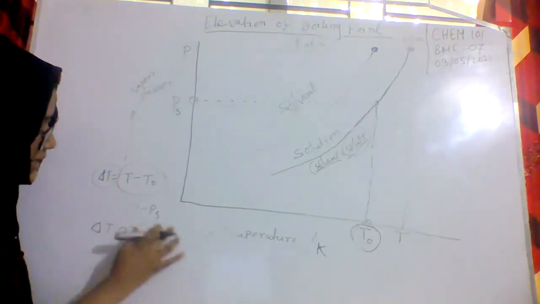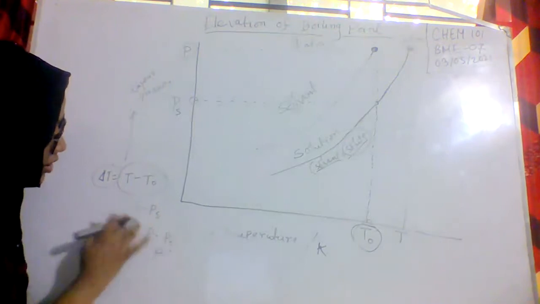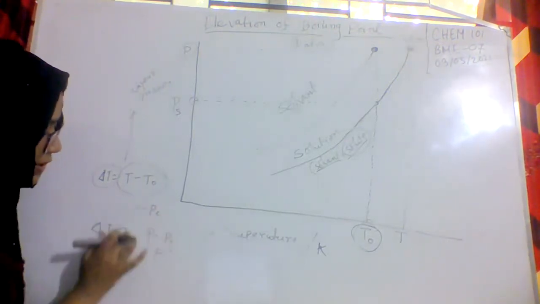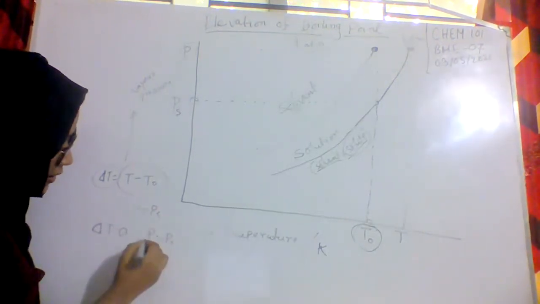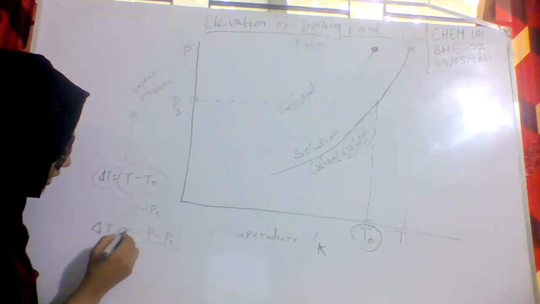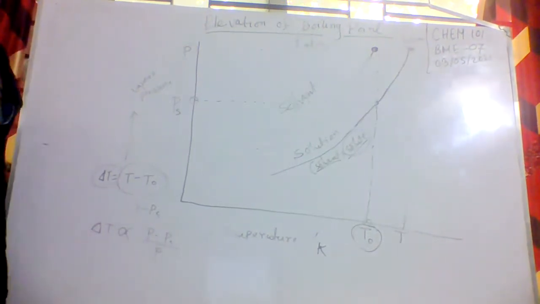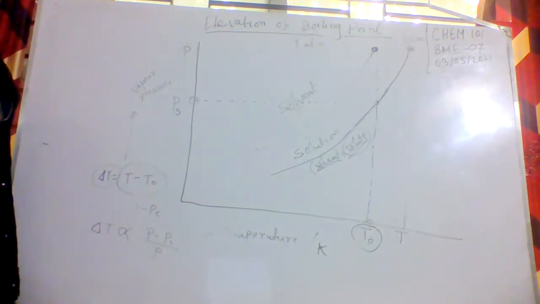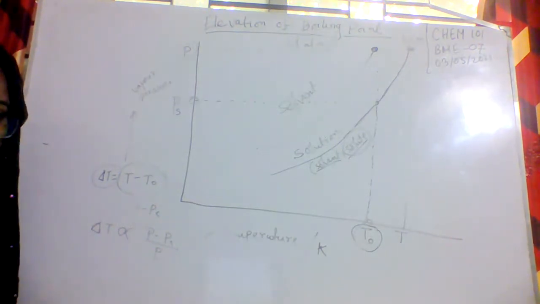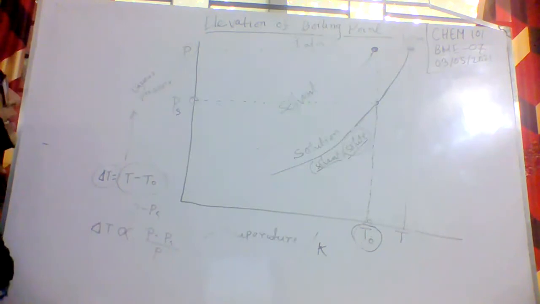Because this is the change, this is the lowering of vapor pressure, and this is the relative lowering of vapor pressure, and the pressure P is constant. Why is it constant?